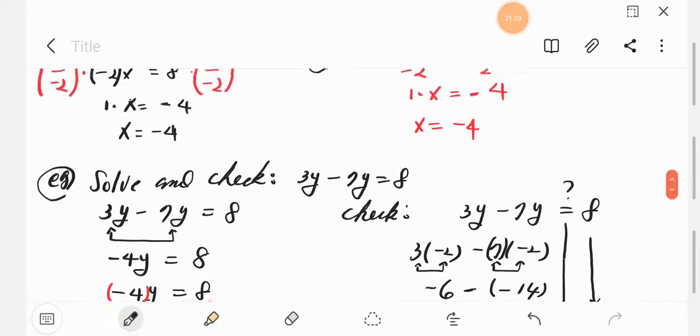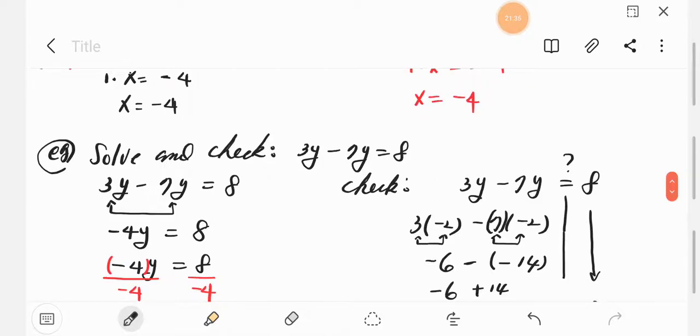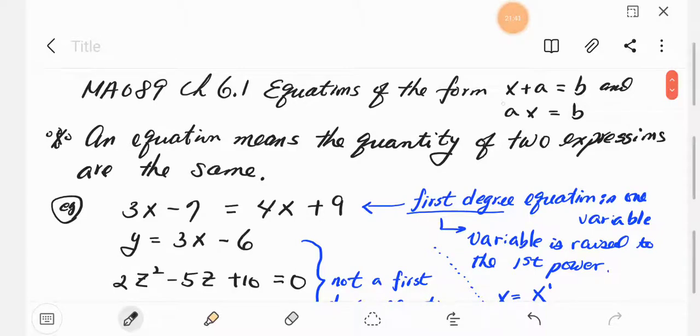Alright, so this section is really simple, and this one is the same as chapter 2, I think 2.3 or 4. When you solve an equation in the form x plus a equals b, or ax equals b: if x is an addition, then subtract from each side.